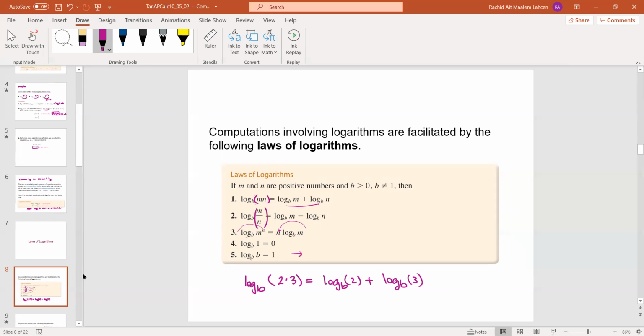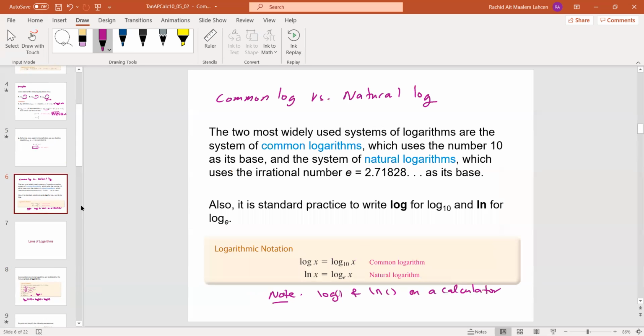And we're going to see this when we do the change of base formula, because if you have some base that's not 10 or e, then, because here the common log, if I didn't mention it, is of course base 10. The common log is base 10 and the other one is base e.